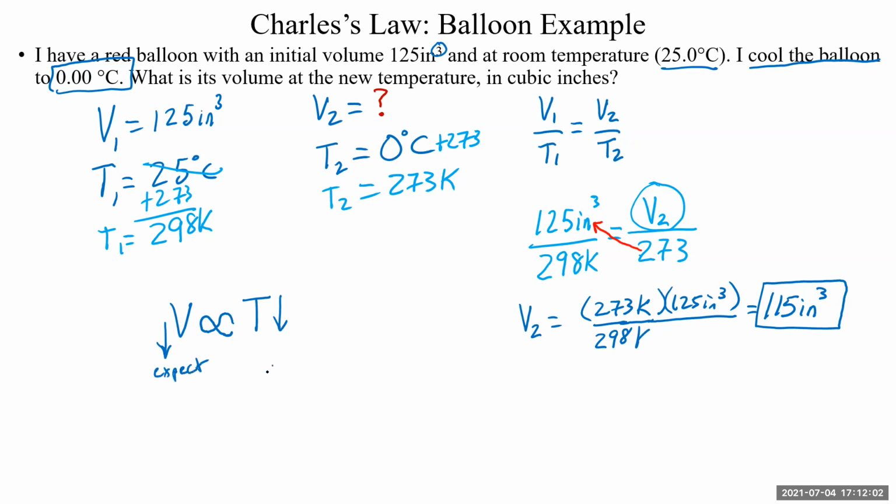Did it? Yes, it did. We have 115 cubic inches at the end, at the cooler temperature, which is less than the 125 cubic inches that we started with. So we could have predicted this result.